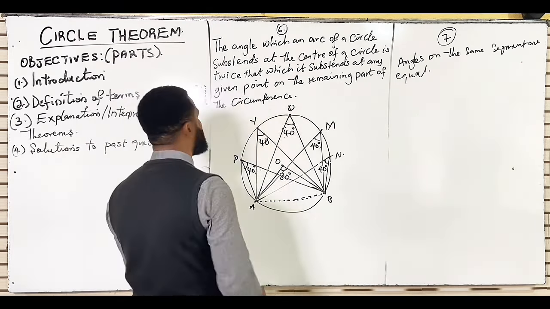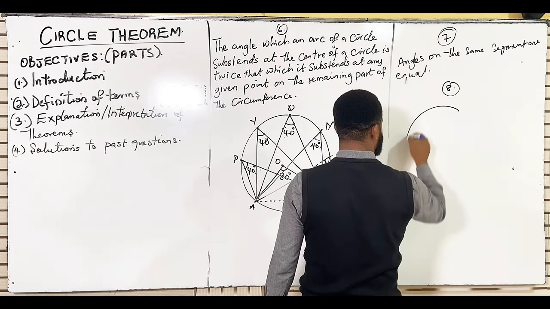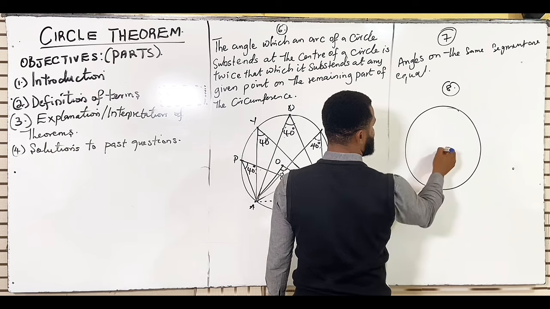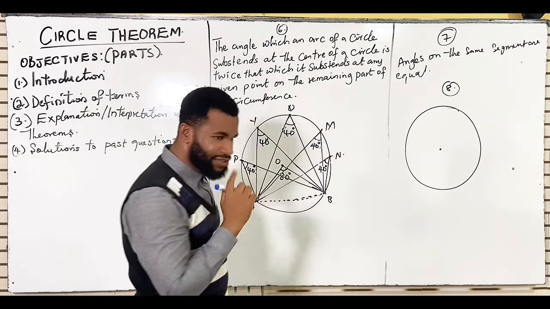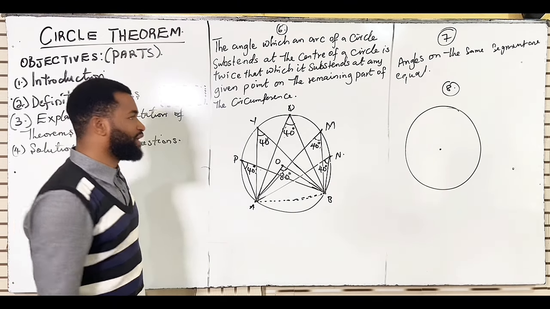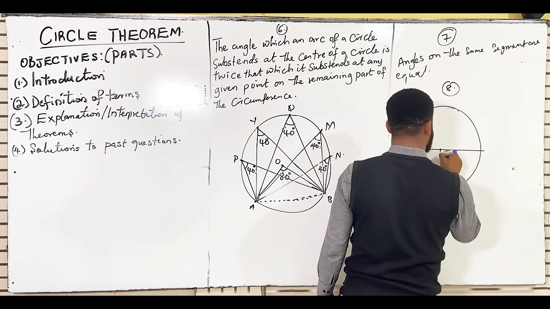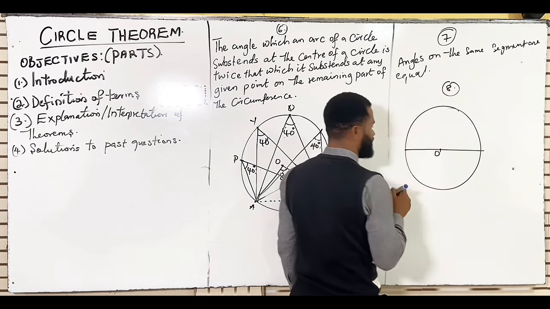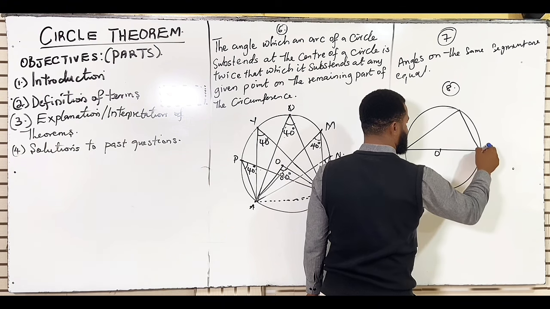Okay, so the next one we are going to look at is semicircle. If I have this circle and angle formed on the semicircle. Alright, so if I have a line drawn through the center of the circle, which is the diameter, and then with this, another angle is formed on the circumference.